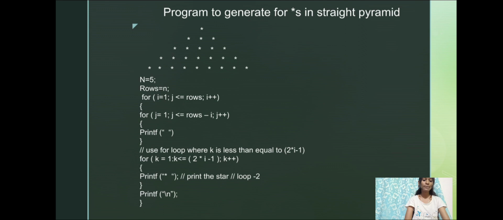There we print a star. So the star should be printed in loop 2.